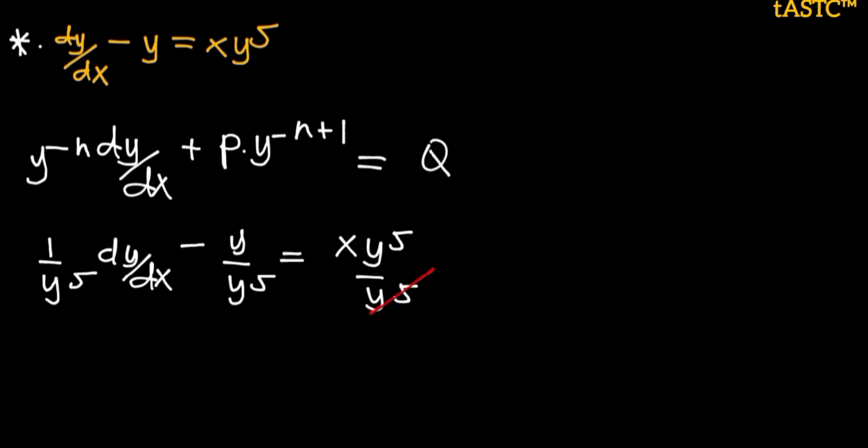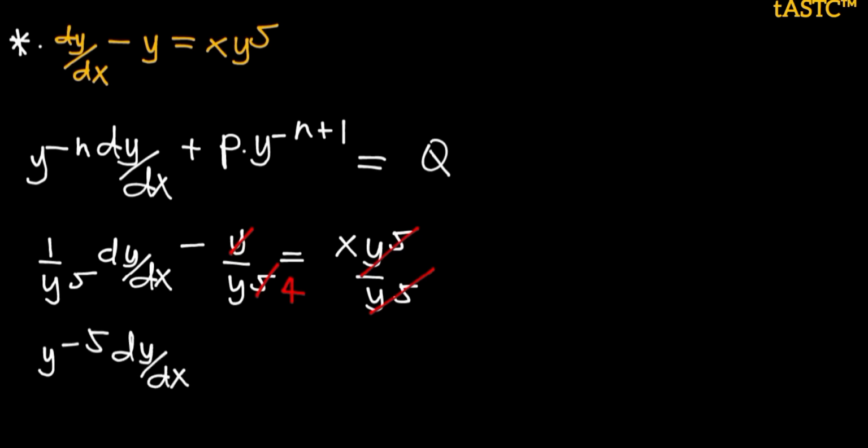So here we can have these cancel out, and we cancel one of the y's away, and that will leave us with y to the fourth. Now this is basically going to change to y to the negative 5. So this is what we got here.